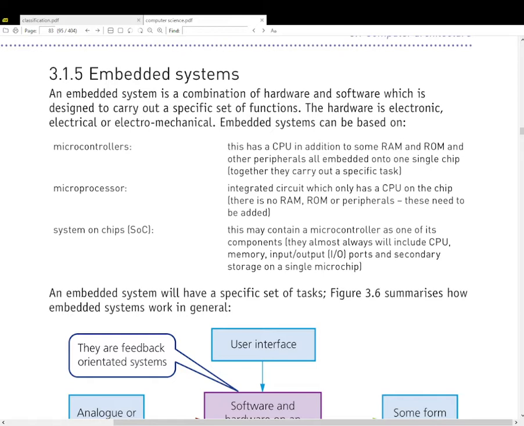Now, maybe in a later video, we will look at the microprocessor itself and dissect it and be able to understand the individual items that constitute a microprocessor.